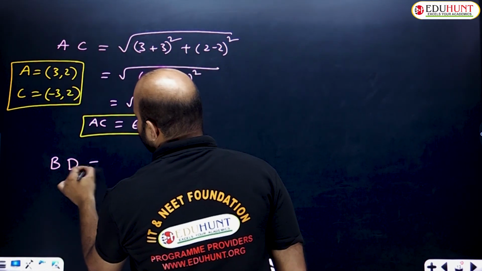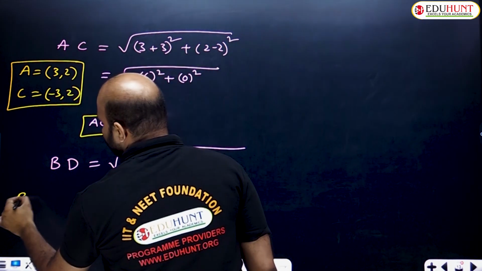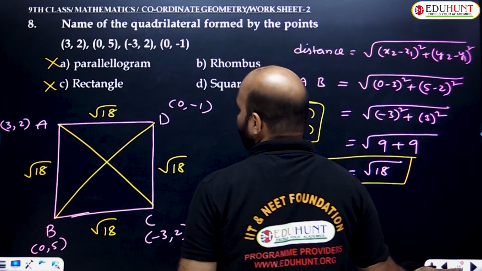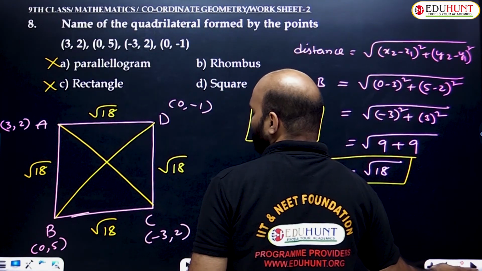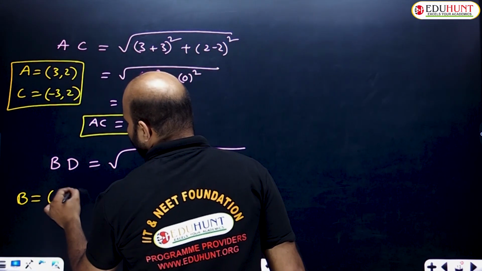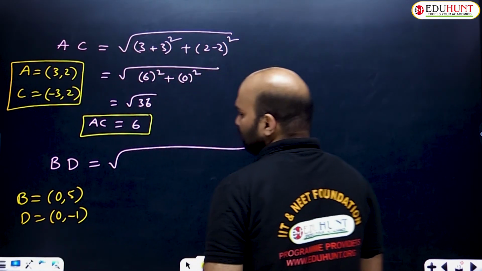Again we have to find the BD distance. What are the B coordinates here? B coordinates given in the question are 0, 5. D coordinates are 0, minus 1. Am I clear?